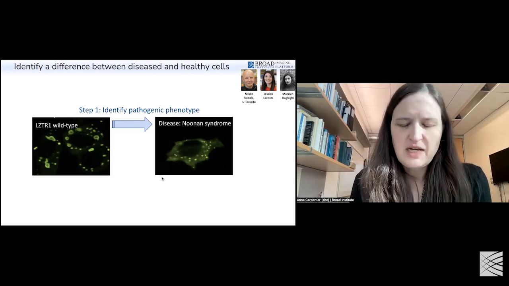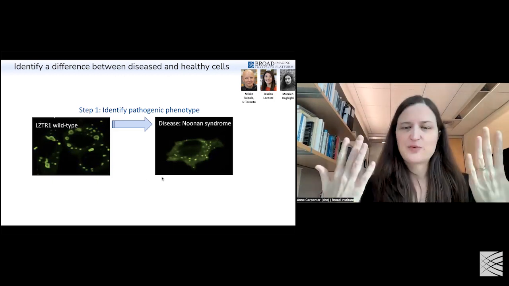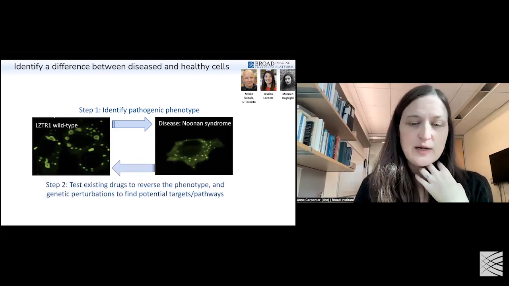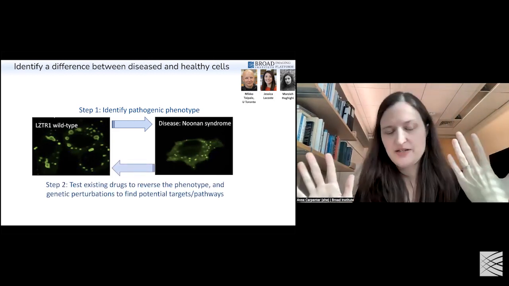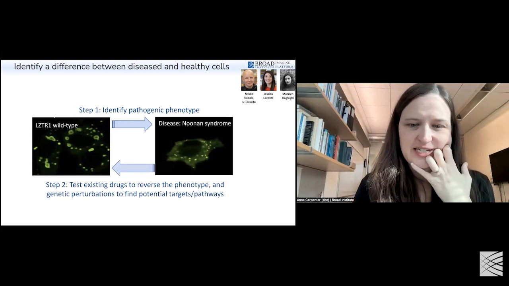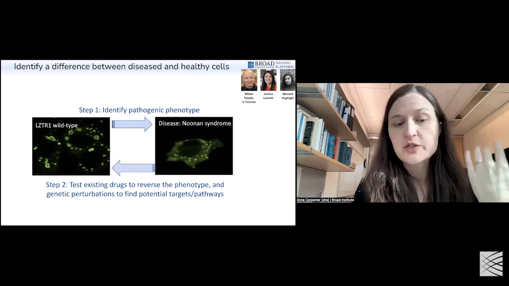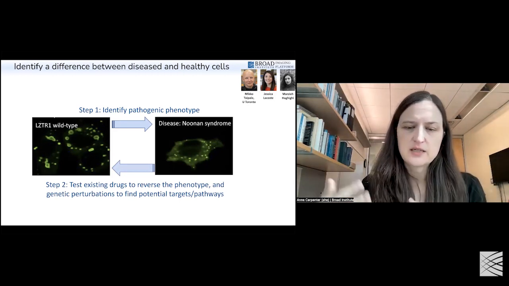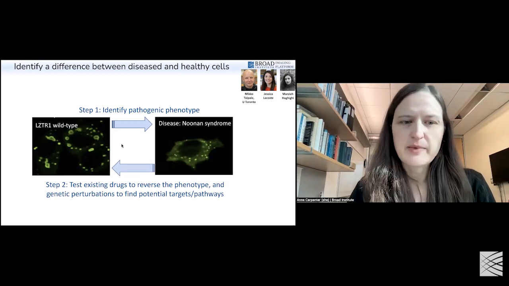So it's a very simple experiment where you just overexpress the wild type version or the variant, and you see a difference. It doesn't happen all the time, but if you do see a difference, you can test for existing drugs to reverse that phenotype. Or you could test genetic perturbations to figure out what proteins and genes are involved in the pathway going from healthy to pathogenic.